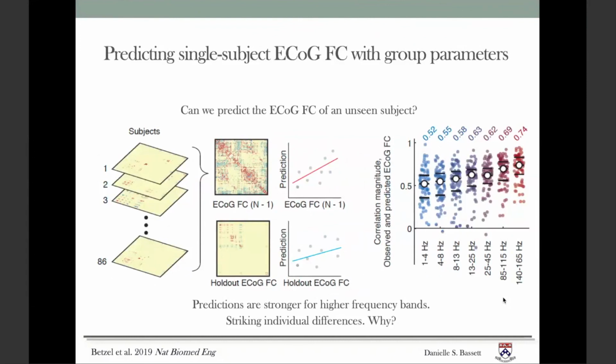So that's, I think, an opportunity for future work to explain this variation and to understand who is it for whom we can predict their functional connectivity quite well or not quite well. And I think this becomes important when we think about the fact that it's possible that it would be useful to be able to predict functional connectivity outside of the currently sampled zone.